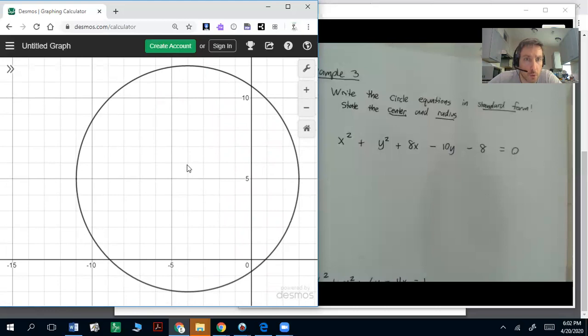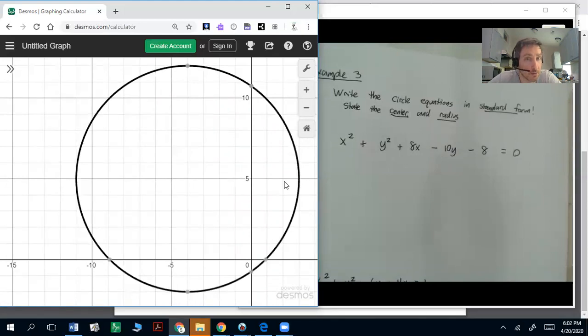then 1, 2, 3, 4, 5, 6, 7 units up. 1, 2, 3, 4, 5, 6, 7 units down. 1, 2, 3, 4, 5, 6, 7 units to the right.